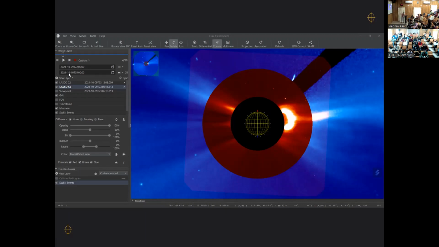After uploading the data, we can find the leading edge; the data will be visible for us. This area belongs to C2, and this area belongs to the C3 part.